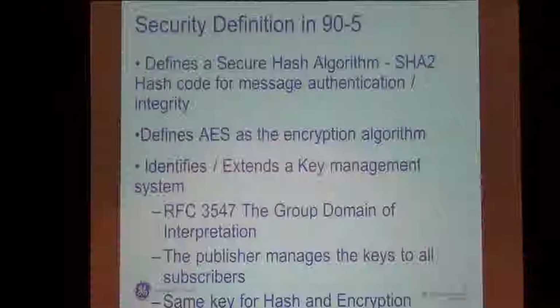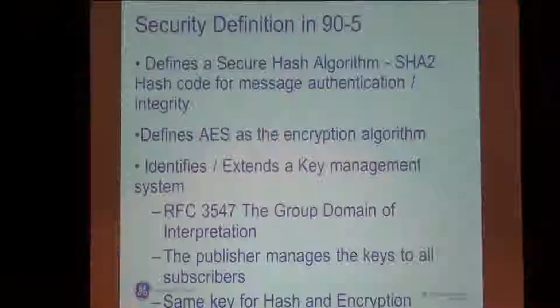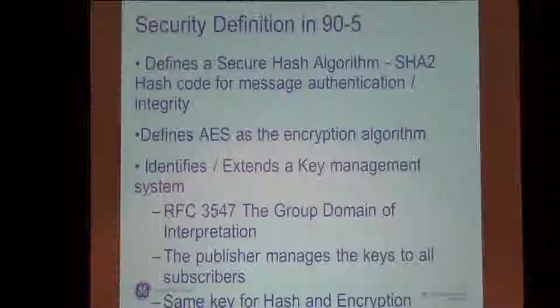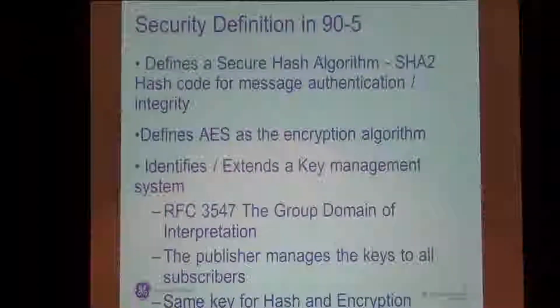The last part of this has to do with how I exchange keys. The implementation for multicast must be a symmetric key. What that means is that the publisher, when it locks the message, as a subscriber, I have to have the exact same key to unlock that message.